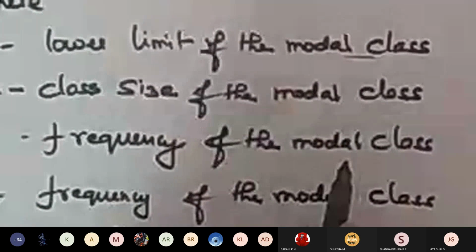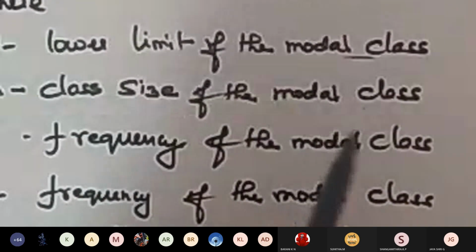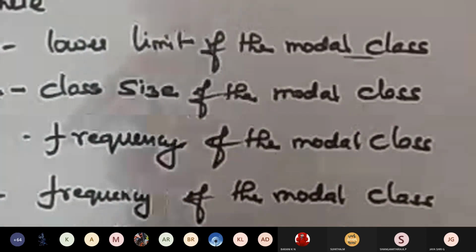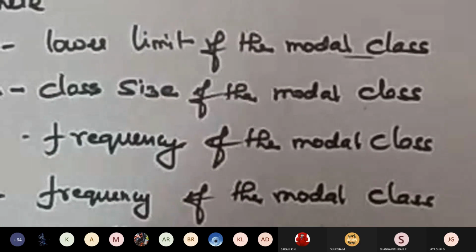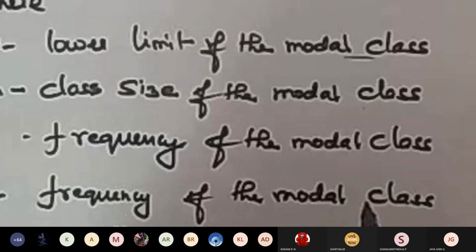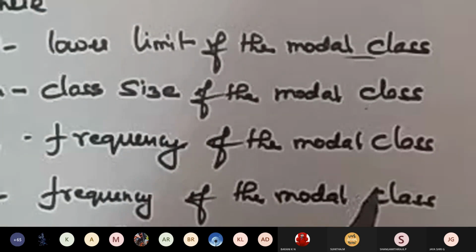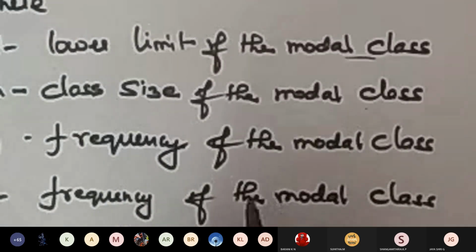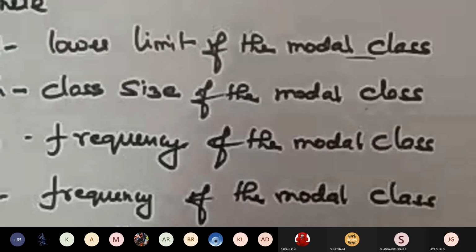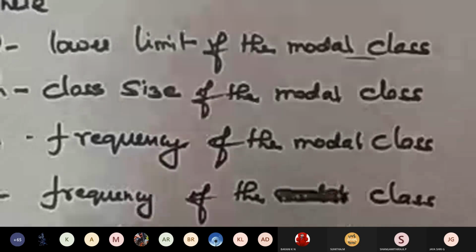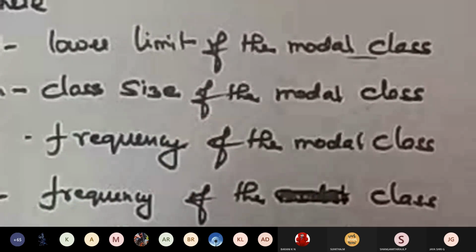F1 means the frequency of the modal class. In the tabular column the frequency has been mentioned; for the modal class we write its frequency, that is F1. F0 means the frequency of the class interval preceding the modal class.